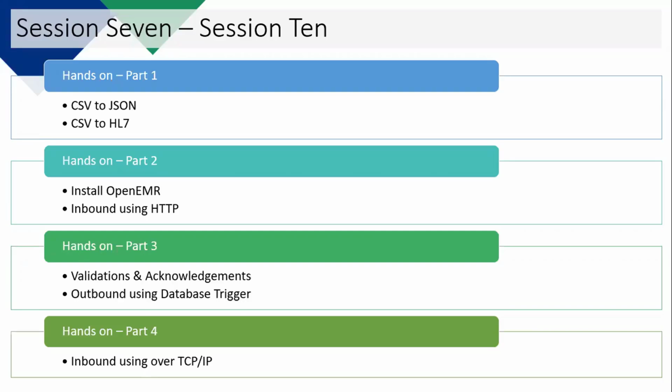Hands-on part 1. We are going to convert a comma-separated value into JSON. JSON is JavaScript Object Notation, which is commonly used in today's world, where most of the solutions are built around application program interfaces. The second example within part 1 is where we are going to convert a comma-separated value, which will contain patient information, into an actual HL7 v2 message, which you would have learned in the first few sessions.